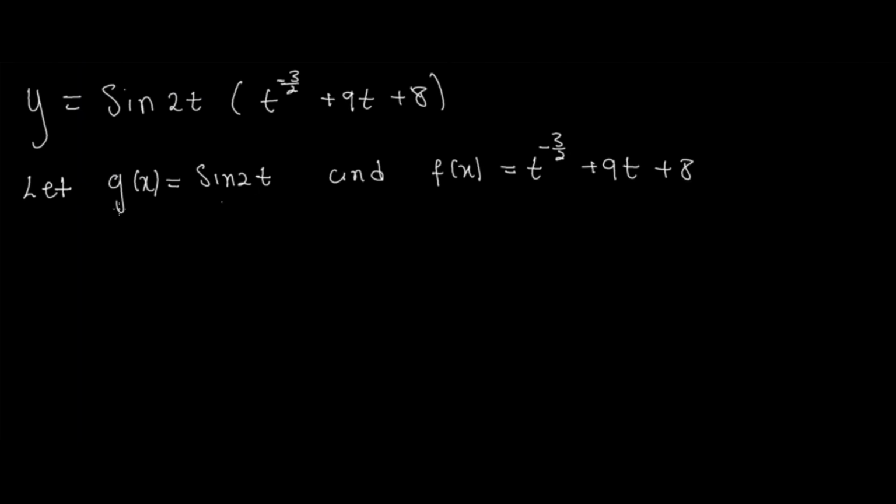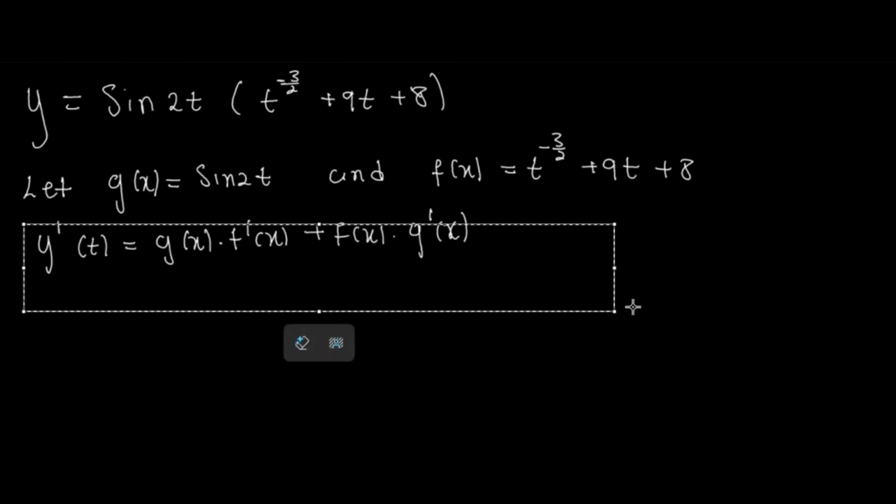And by the product rule, y prime of t is equal to g of x times f prime of x plus f of x times g prime of x. So now let's find g prime of x and f prime of x.